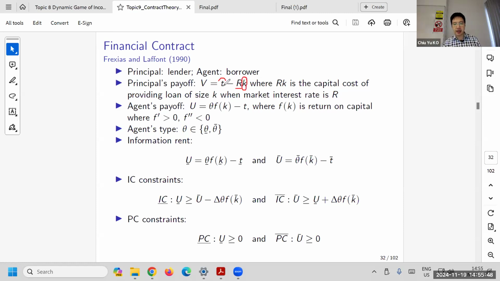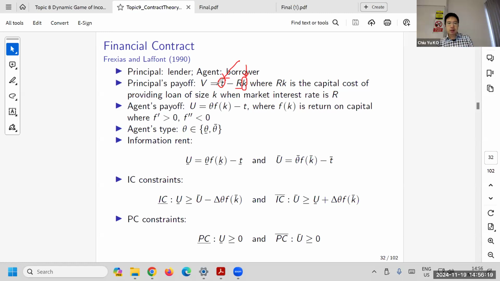The principal decides T and K. He decides the size of the loan, and what he demands the borrower return is T. K is the amount I lend to you, and T is the amount that I require you to pay me back. That defines the interest rate, the ratio, and R is given by that.